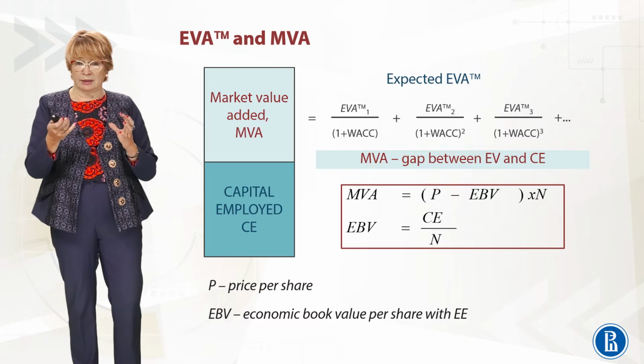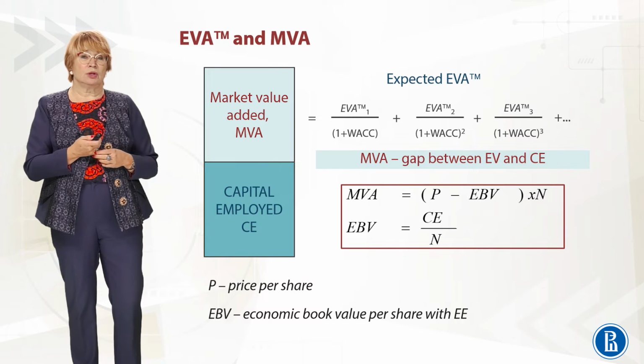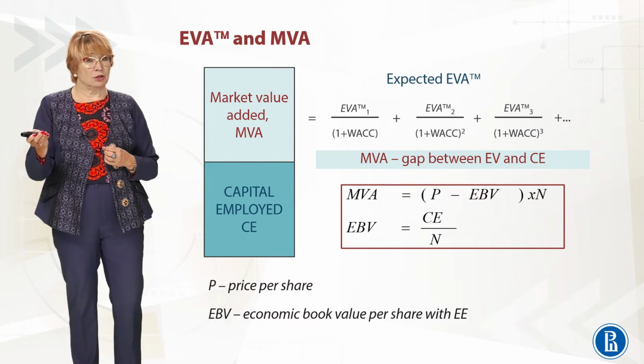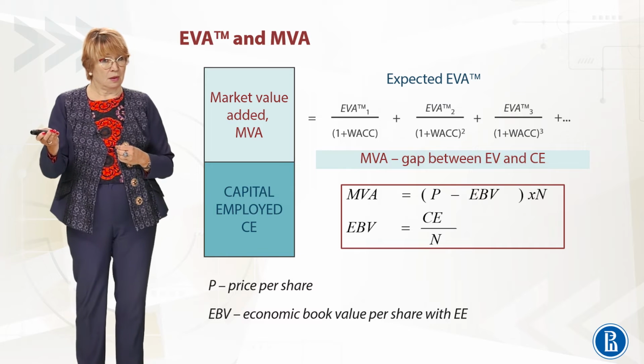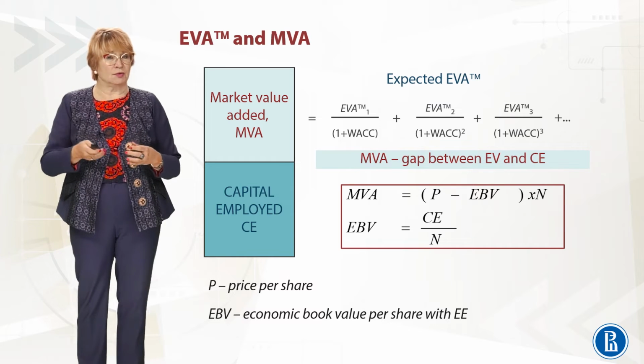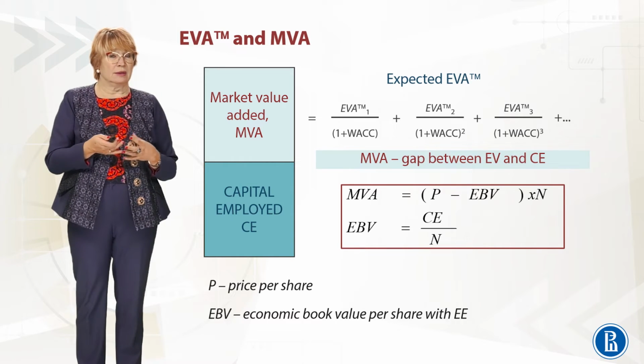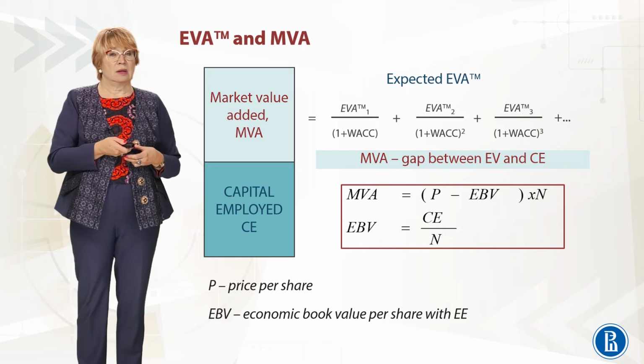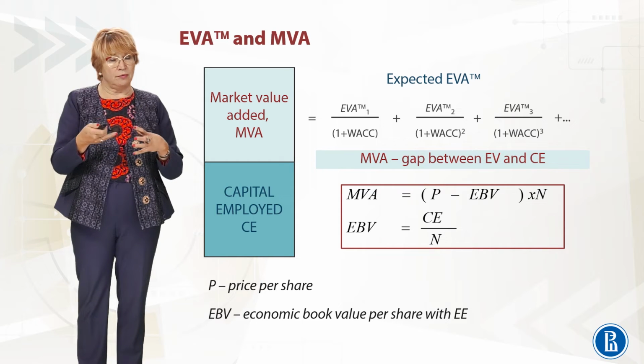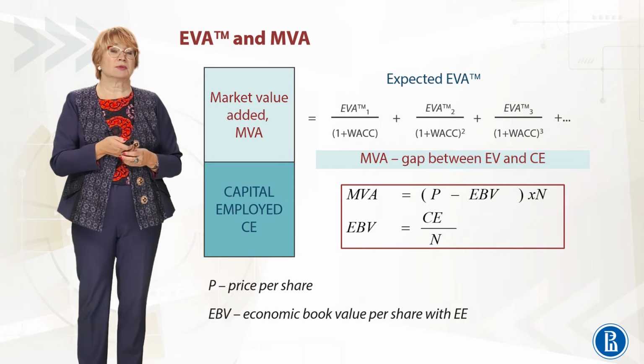So the spread of price per share, based on the expectations of the investors, incorporates, of course, their understanding, their perception about the power of intellectual capital components in the business model of that company.